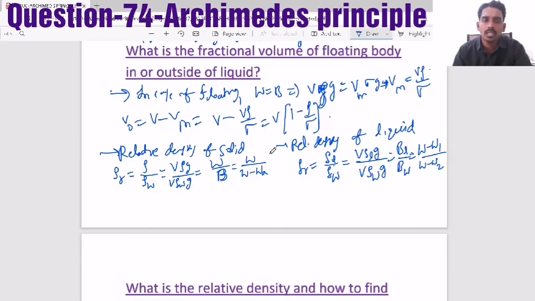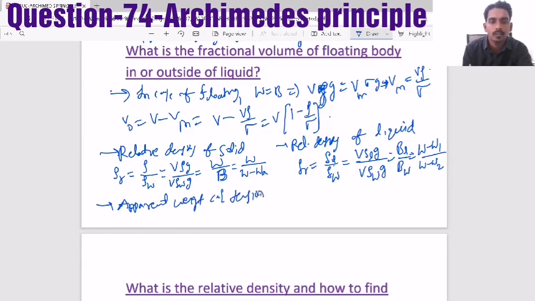So this way they can ask questions based on relative density of solid or liquid, or apparent weight, or tension in a string. That also they can ask. Like there is a support and one solid is hanging. Now you keep it inside the liquid.